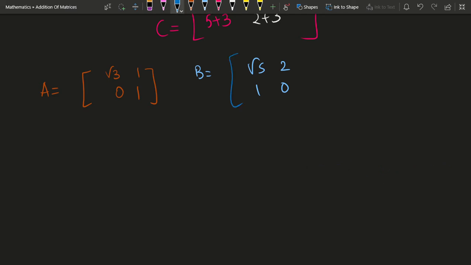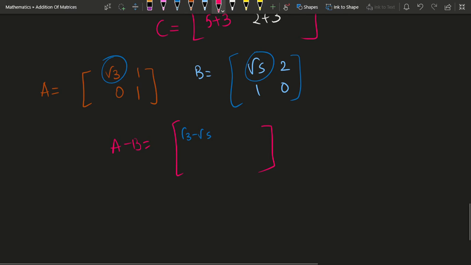So these are the two matrices. A minus B is equal to root 3 minus root 5. Second, you have 1 minus 2, which is negative 1. Then you have 0 minus 1, so that's again negative 1. And then you have 1 minus 0, and that's 1.